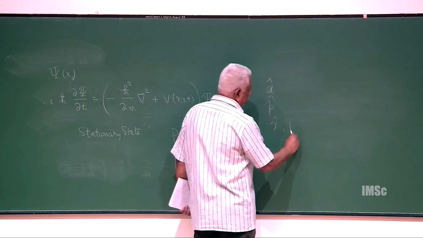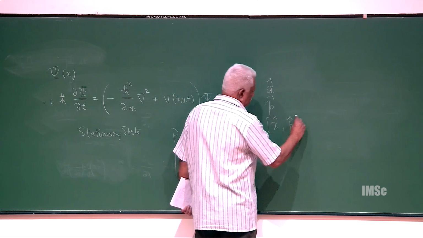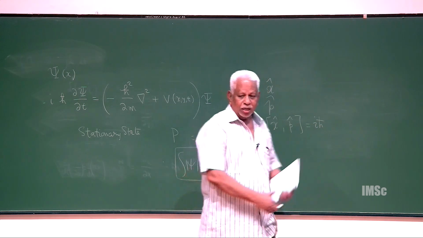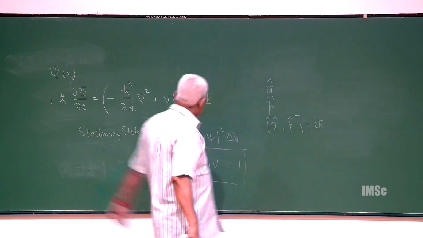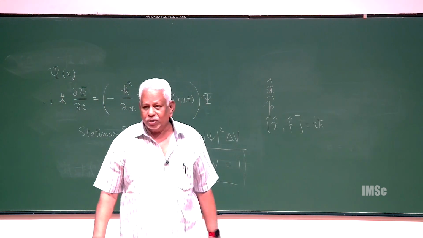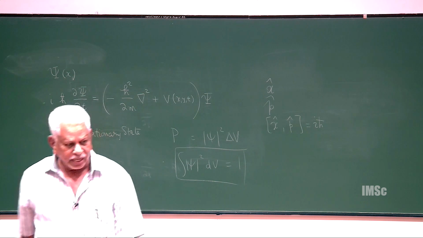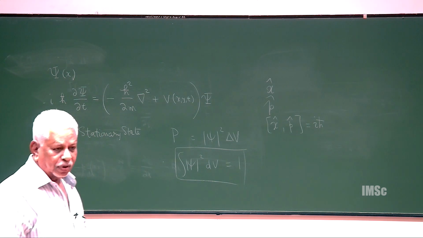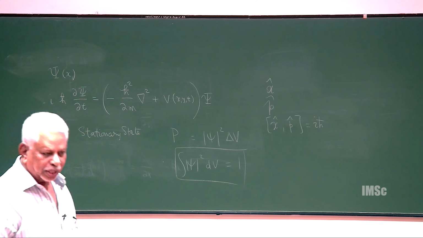Generically it is called the Heisenberg commutator relation, and that is where your h bar comes in. Your h bar comes here and your h bar comes there. So this is the relation, first of all, for the operators x hat and p hat.